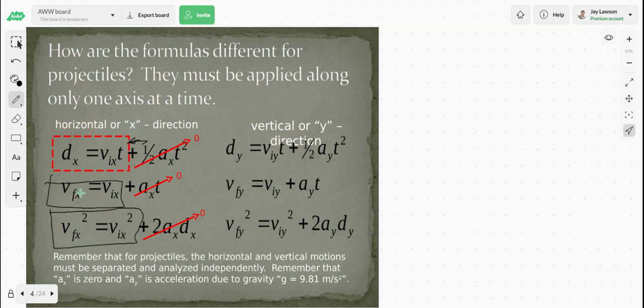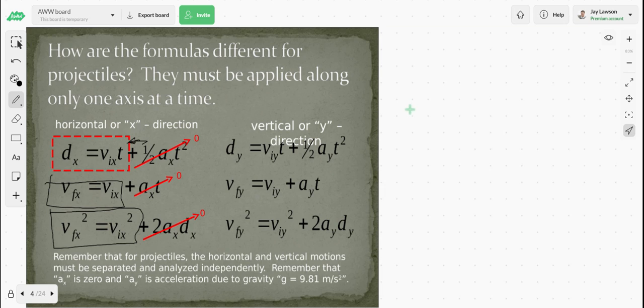It says Vfx, which means the final velocity in the x direction, that's what that little subscript means, is equal to the initial velocity in the x direction. So basically, the velocity at the beginning of the projectile is the same as the velocity at the end.